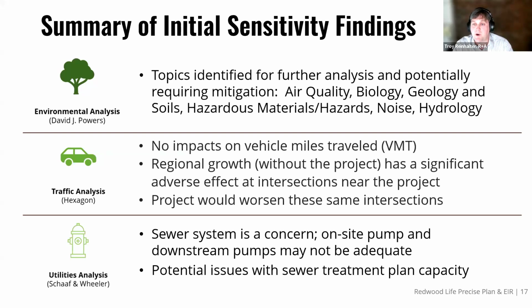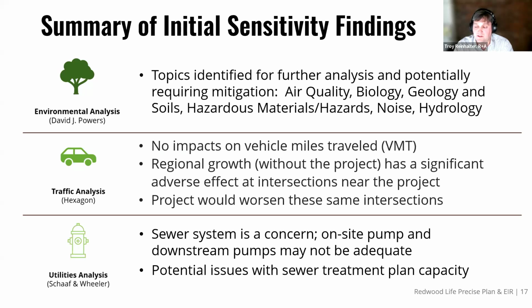And just to tee up our guests, I'll provide a quick summary of their findings at a high level. On the environmental side, the critical topics that will be the focus of additional analysis are air quality, biology, geology, soils, hazardous materials, noise, and hydrology. From a traffic standpoint, Hexagon found no adverse impacts to vehicle miles traveled, which is to say that the proposed project performs better or more efficiently on a per capita basis compared to current conditions from a vehicle miles traveled standpoint.